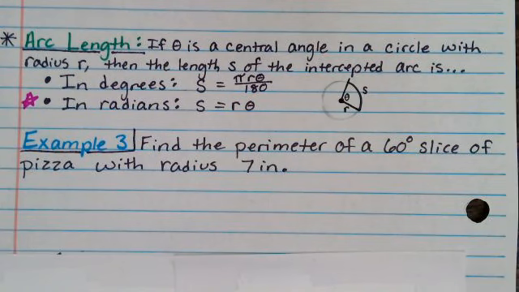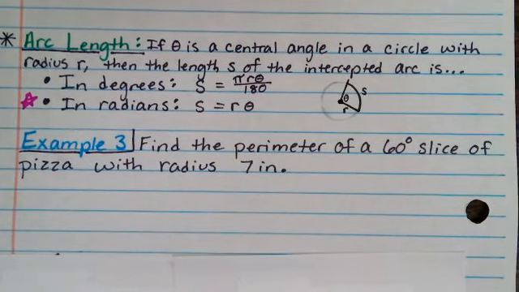Arc length is talking about if you were to measure that arc in inches or centimeters or feet or whatever, if you're going to measure it in the measurement of a length, how long is it? Whereas arc measure is usually degrees or radian measure. Okay. So here we're talking about arc length and how can we calculate that.